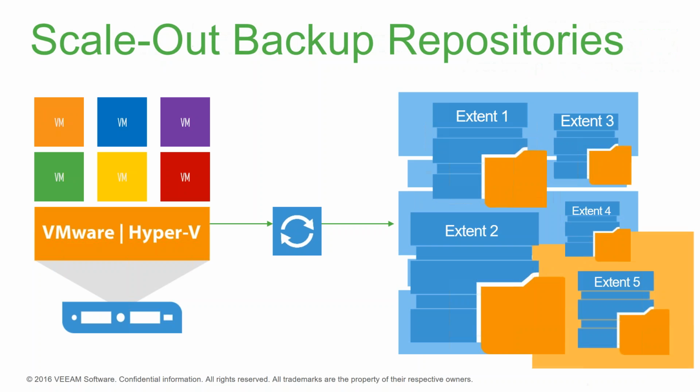Now, this is great for our scale-out backup repositories. A scale-out backup repository is, well, I'll call it a software-defined repository because what we're doing is we're putting together multiple repository locations, and we'll call them extents because now they're going to be a little bit different than just a regular repository. And we're going to put a software layer on top of it and let the software determine where our files are going to sit at rest.